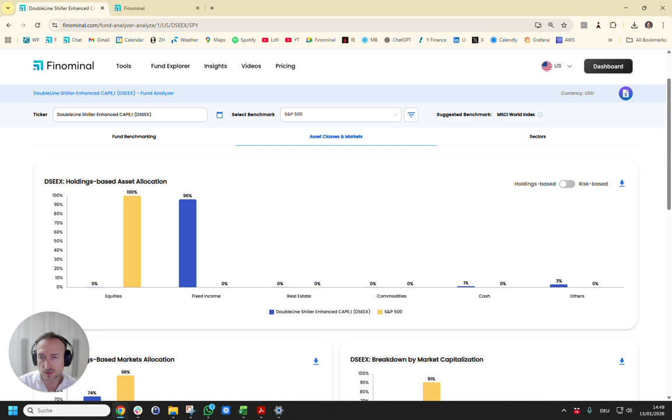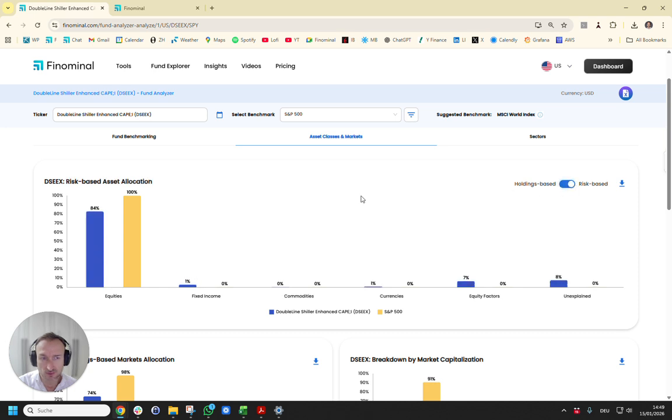And this holdings-based breakdown by assets shows actually a 0% allocation to equities for the DoubleLine Shiller Enhanced Cape Fund, and almost 100% allocation to fixed income. Now, that's probably because the exposure to equities is done via swap, and most of the data providers, including ours, are not particularly good at showing the exposure to asset classes or instruments via swap.